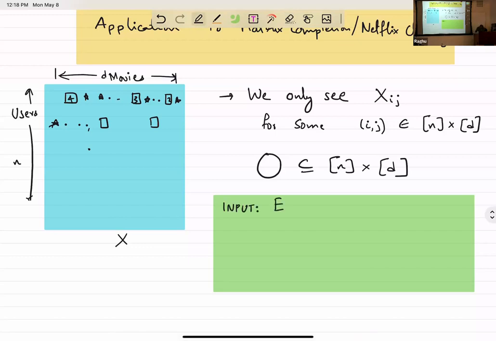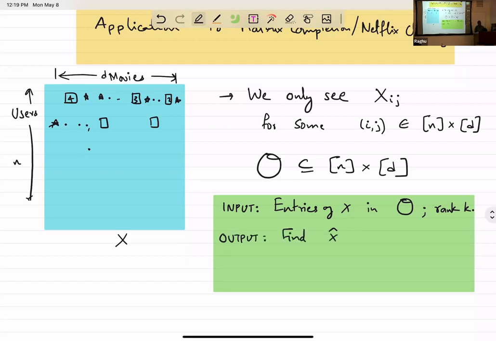The input is entries of X in some subset O and a rank parameter K. Maybe let me put a circle here to distinguish it from zero. Okay. So we see entries of X in some subset of the rows and columns O, and there's a rank parameter K.